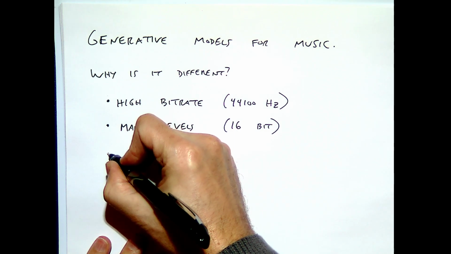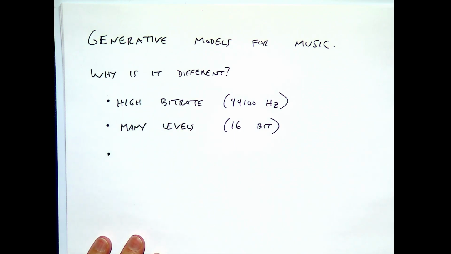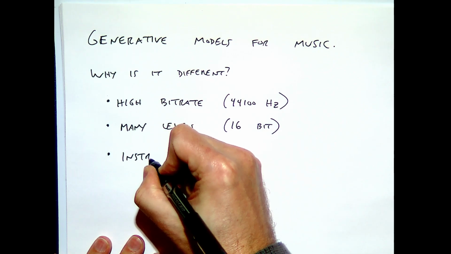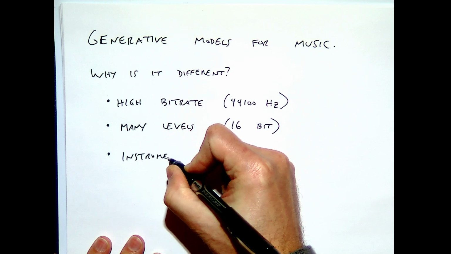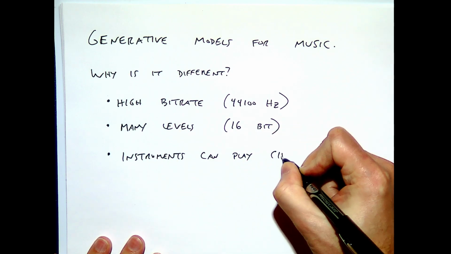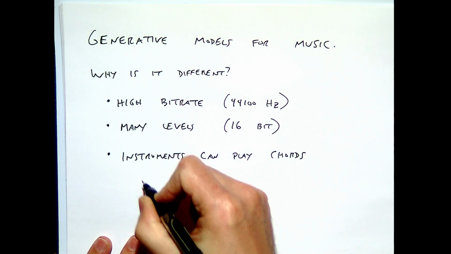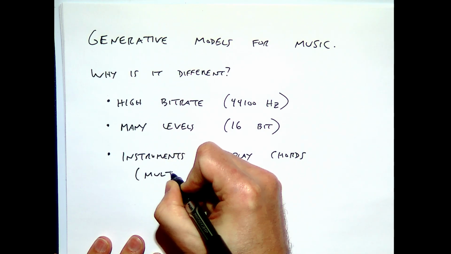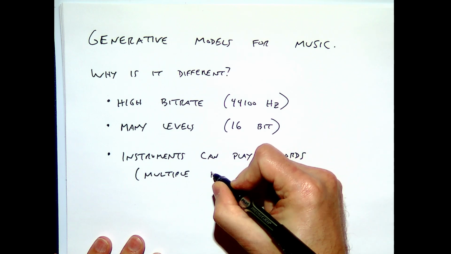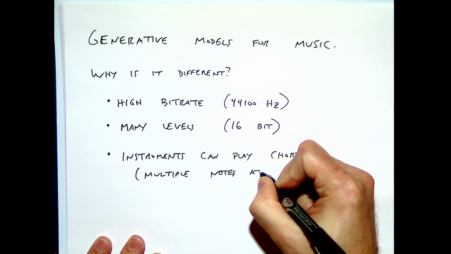Another big difference is that instruments can play chords, right? We'll talk about different ways of representing music, but multiple notes at a time.